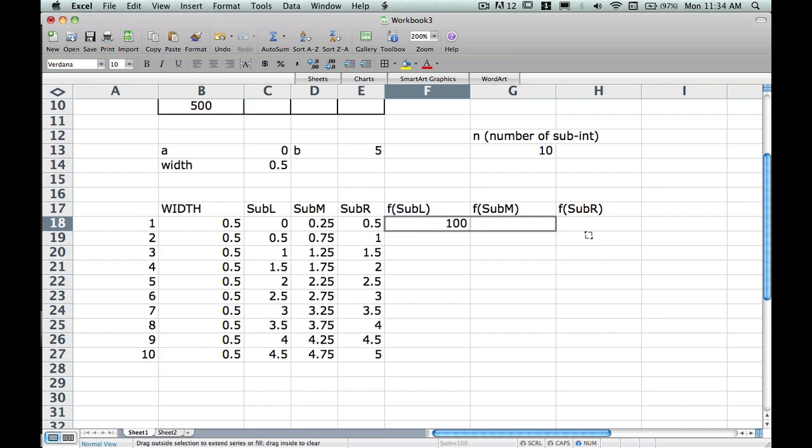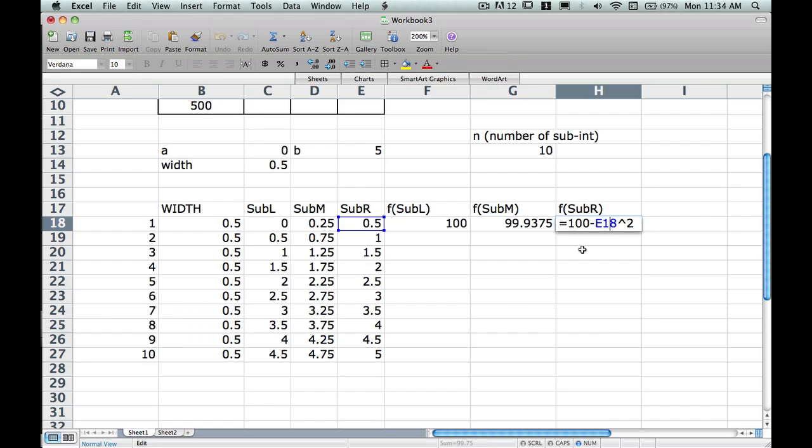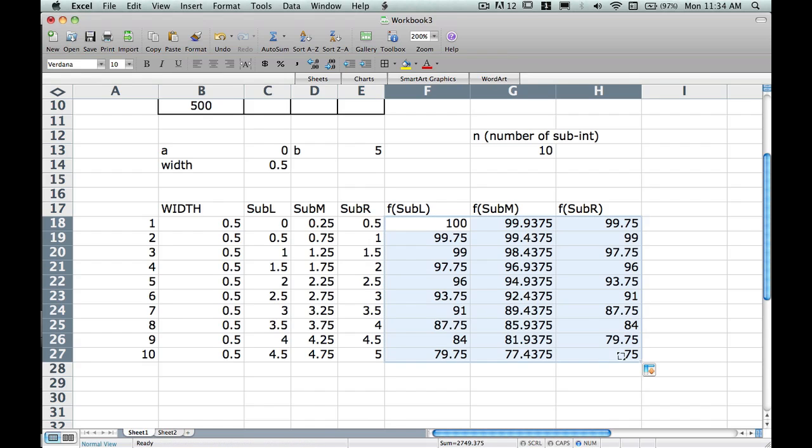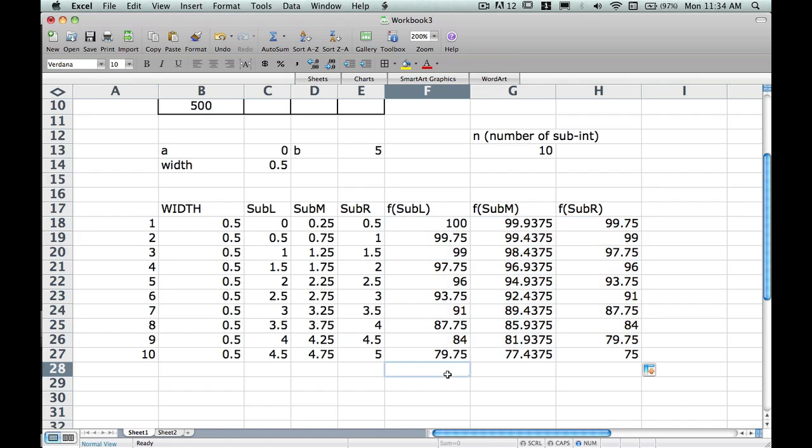Now, if I've arranged my spreadsheet nicely, the right side of the subinterval goes into the column I'm making for the function's value at the right side of the subintervals. And if I drag these three formulas down, they'll fill in to get all the necessary information lined up there. So I've calculated the function's height at each of these places.